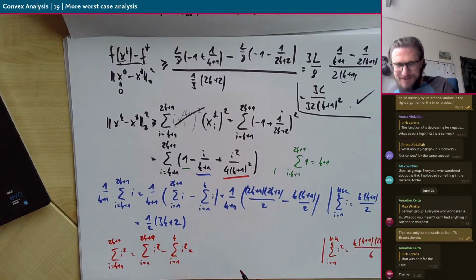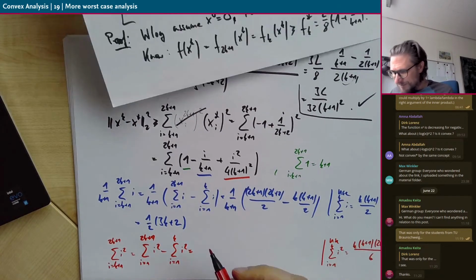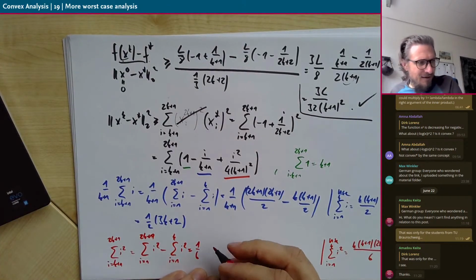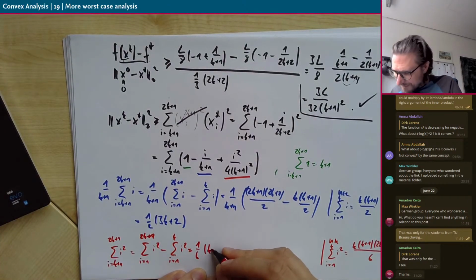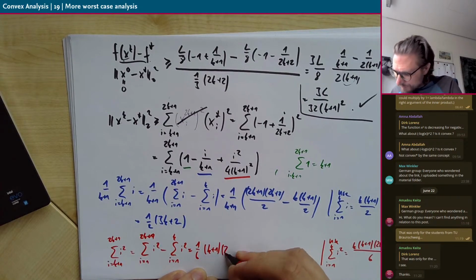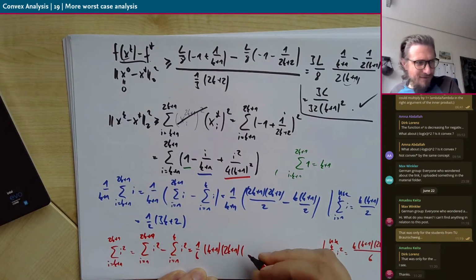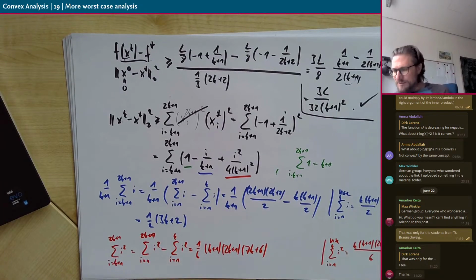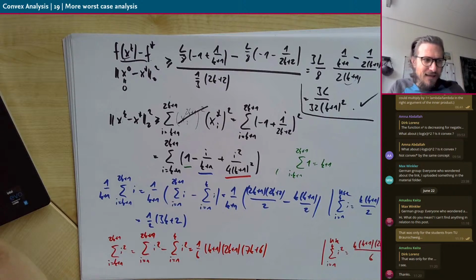This gives a kind of longer expression, so in the end what we're going to get is 1 over 6, of course, and the rest amounts to k plus 1 times 2k plus 1, and then times 7k plus 6. Calculating this is no magic, but it's tedious.